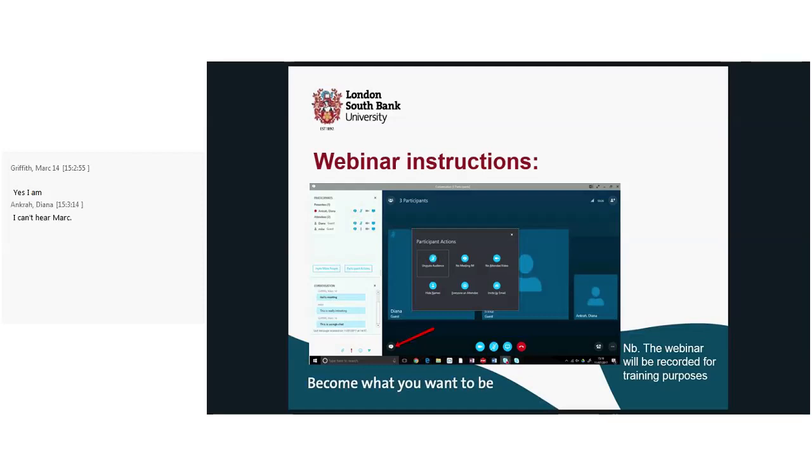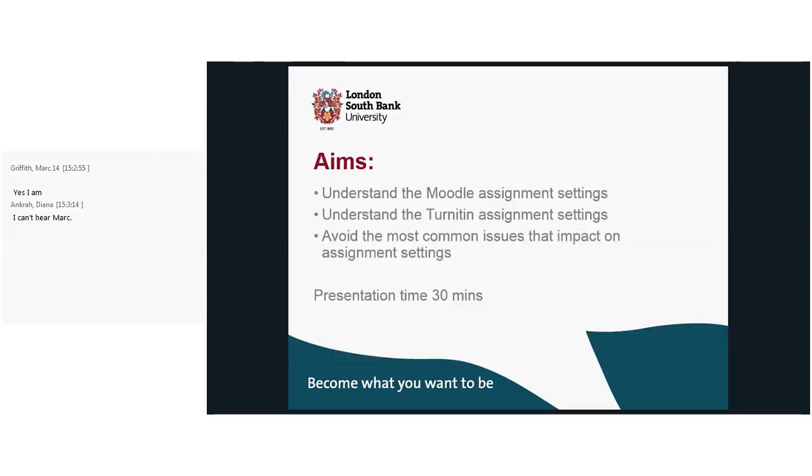So as I said before, we'll be doing a 20-minute demonstration, and then after that there will be time to go back and look at some of the questions. In terms of the aims of this session, I've got two main aims. We're going to look at the settings of how to set up a Moodle assignment, and within those settings we'll look at the Turnitin settings and make sure those are all correct and what they actually mean.